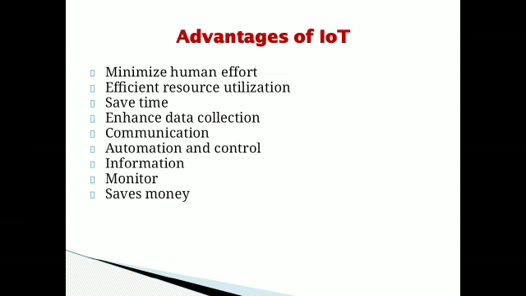Efficient resource utilization: if we know the functionality and the way each device works, we increase efficiency and resource utilization, as well as monitor natural resources. It saves time because it reduces human effort. It enhances data collection, and there will be communication, automation and control, information monitoring, and it will save money.